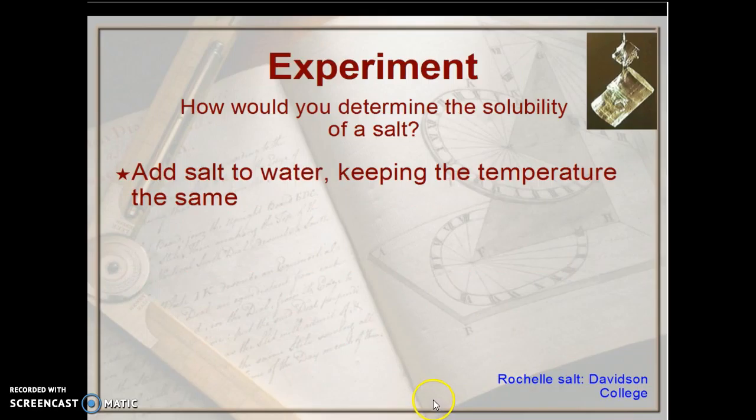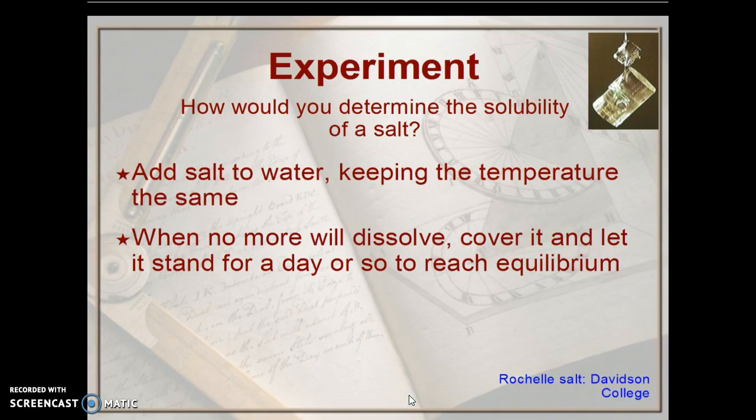So how would you determine the solubility of a salt? It's actually pretty simple. You add salt to water, keeping the temperature the same, until no more dissolves. Then you cover it and let it stand for a day or so to reach equilibrium and make sure that you didn't make a mistake and create an unsaturated solution. It could take a couple of days to do this.